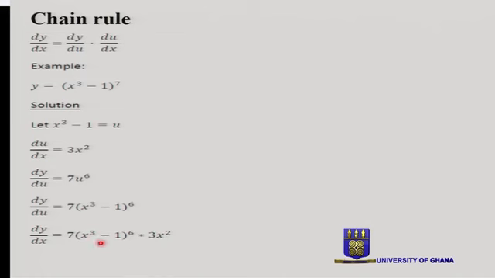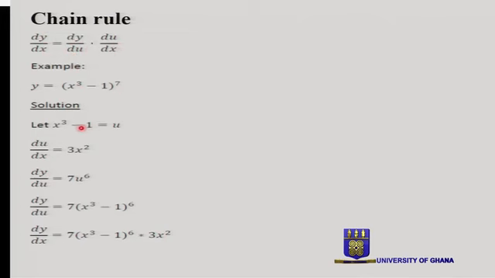So here, if I differentiate x cubed minus 1, this is going to be 3x to what? The second power, because I take the 3, bring it to the front, and I subtract 1. Now, if I differentiate this 1, it's a constant. It goes away, and it becomes 0. So all I have is 3x squared. So look at the rule. It says dy dx equals dy du times du dx.